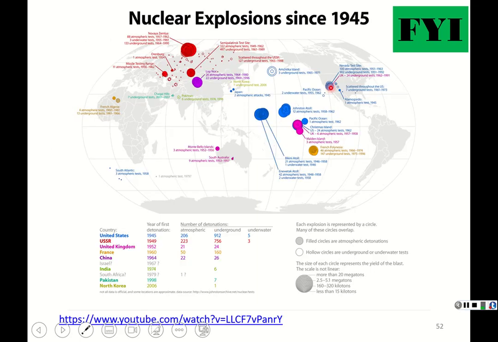This figure shows nuclear explosions since 1945, and it's interesting to see the locations on the Earth that have had these. The South Pacific has had a lot, and these island nations have had to deal with that. That's where the U.S. and its allies were testing.